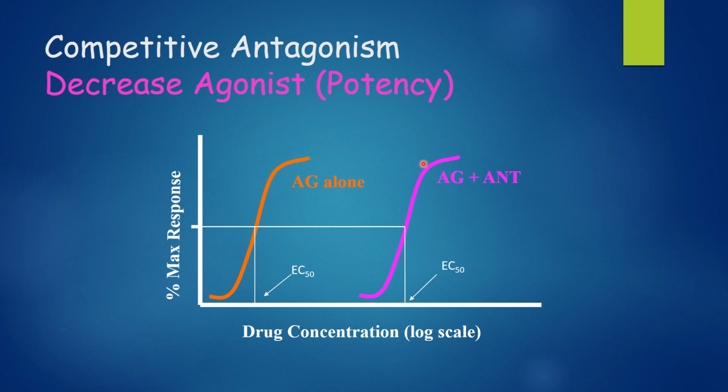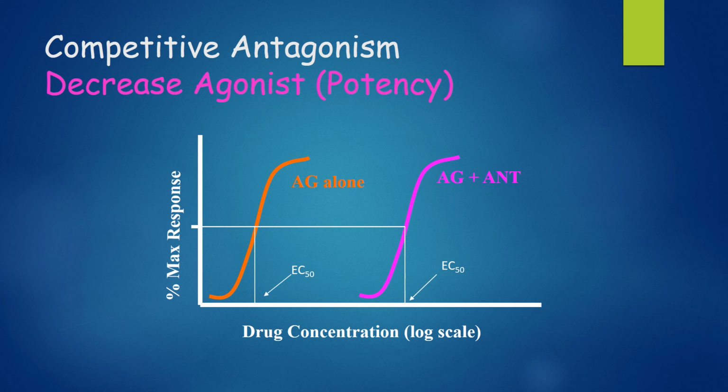But when we add an antagonist with the agonist and gradually increase the dose of agonist, we reach the initial efficacy again. So here the dose range has increased, the concentration of the agonist has increased. That means it has reduced the potency of the agonist.